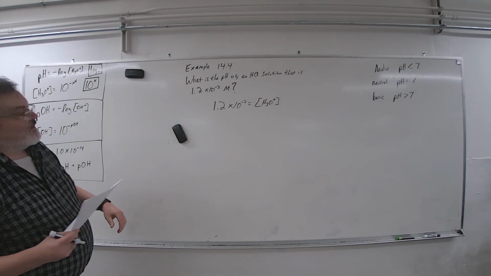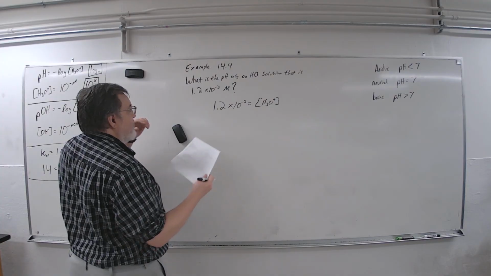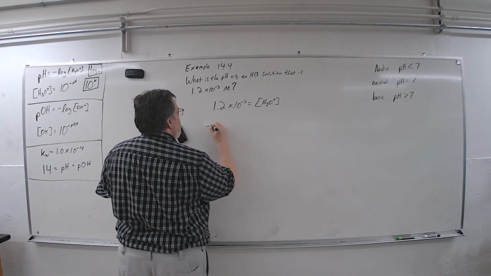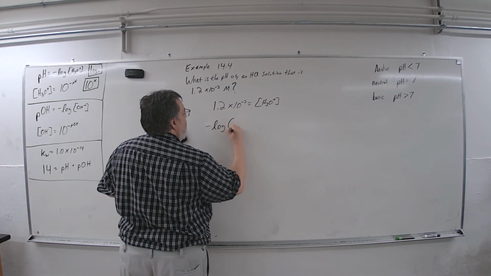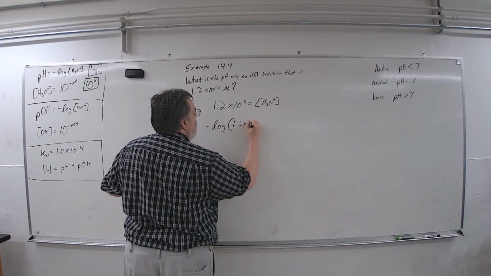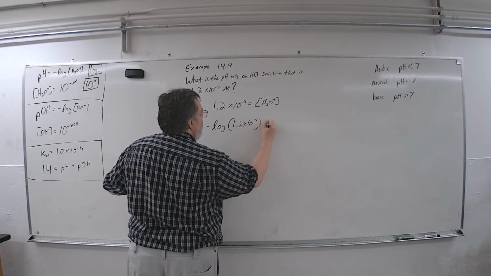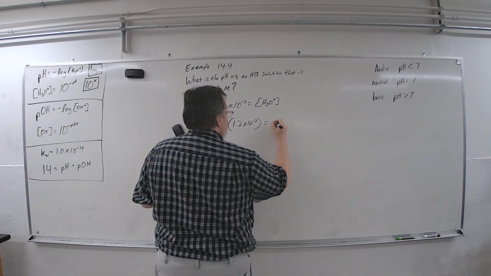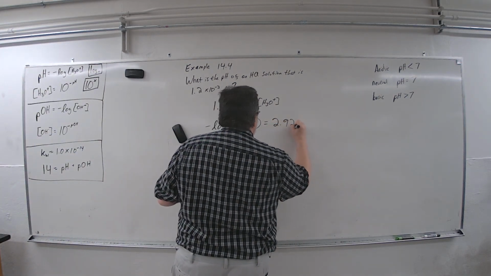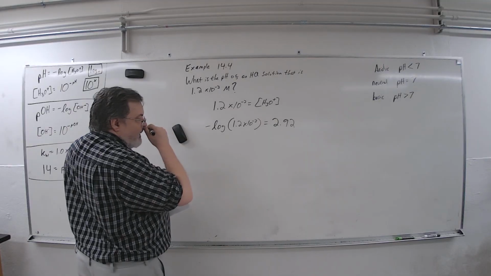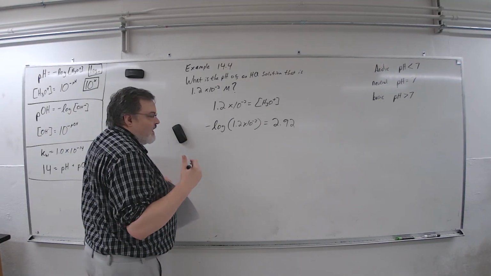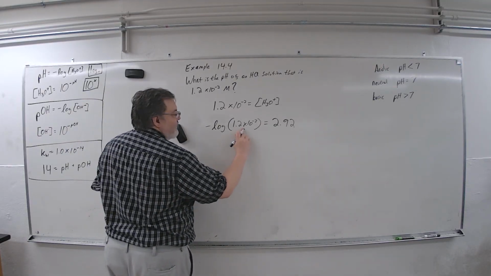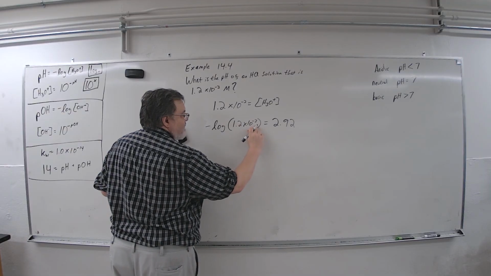Okay, so we're asking for the pH. So to find the pH, that's the concentration, so we have to go negative log. If you do that, you will get 2.92. I'll bet these scientific calculators will let you do the times 10 to the negative 3.